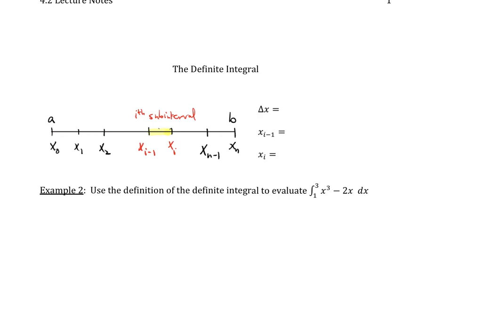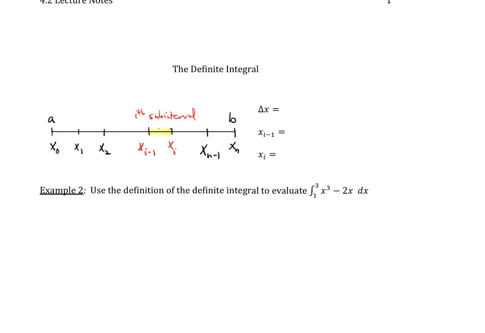So we have a bunch of points inside. These points are all equally spaced, and my generic interval is the ith subinterval right here. I wanted to really help describe how we can find delta x, describe what xi minus 1 is going to be in general, and describe what xi is going to be in general.